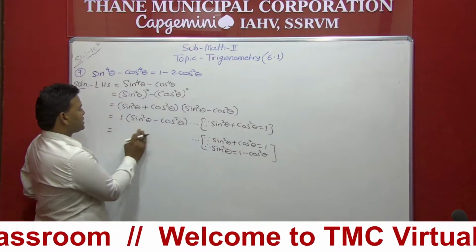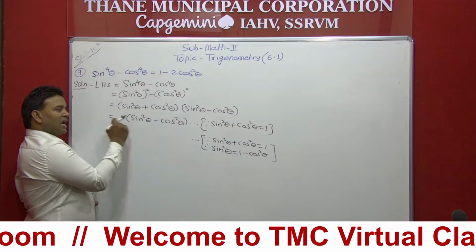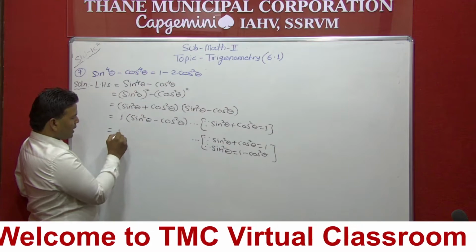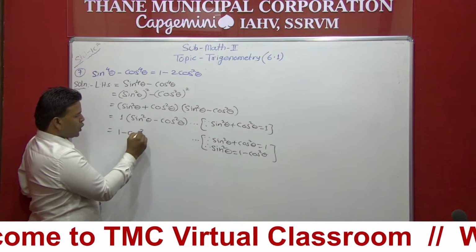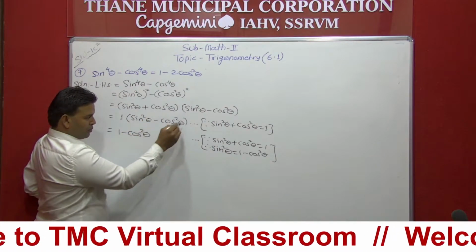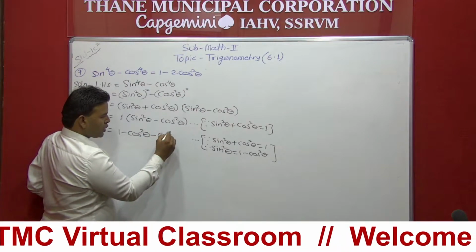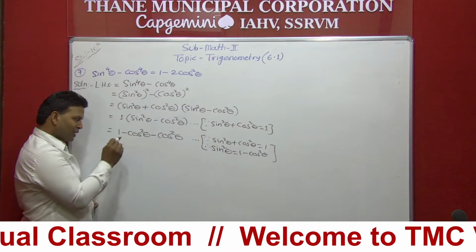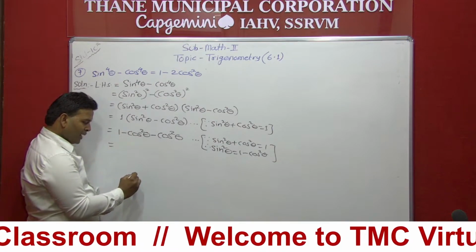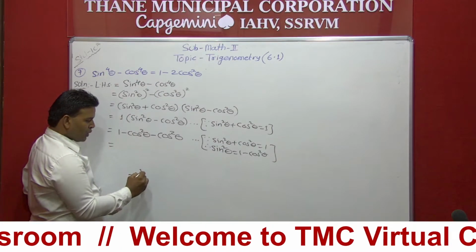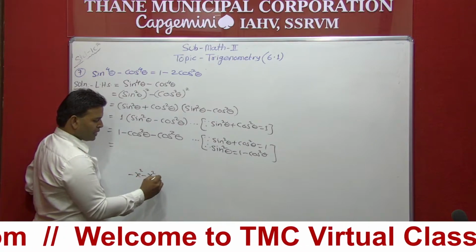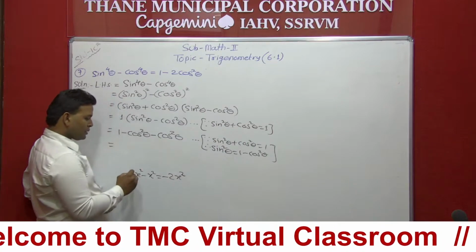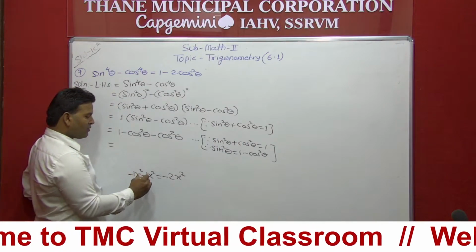The 1 will get multiplied with this and will become the same thing, and instead of this I am going to write down 1 minus cos square theta minus cos square theta, that is equal to, now see, minus x square and minus x square. This will give you minus 2x square, because here we are having 1 and here we are having 1.